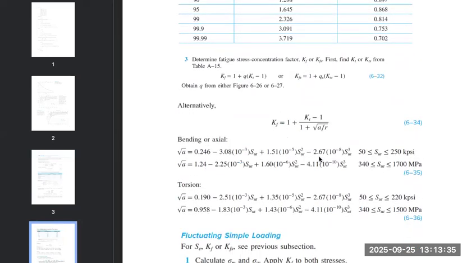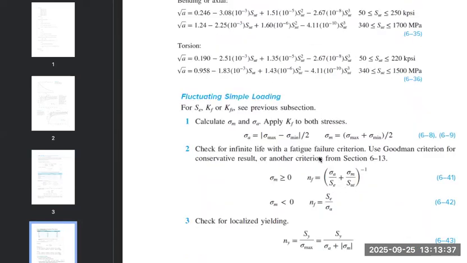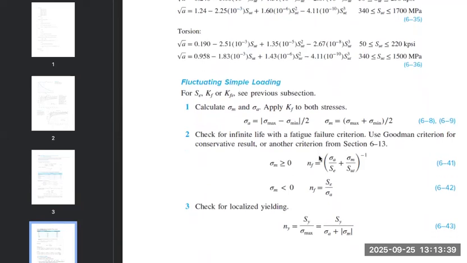We will now also need to understand what mean stress and alternating stress are. As you see over here, let me see if I can annotate. Over here, we have mean stress. In completely reversed loading, mean stress is equal to 0. Mean stress is sigma max plus sigma min over 2 because it is the mean.